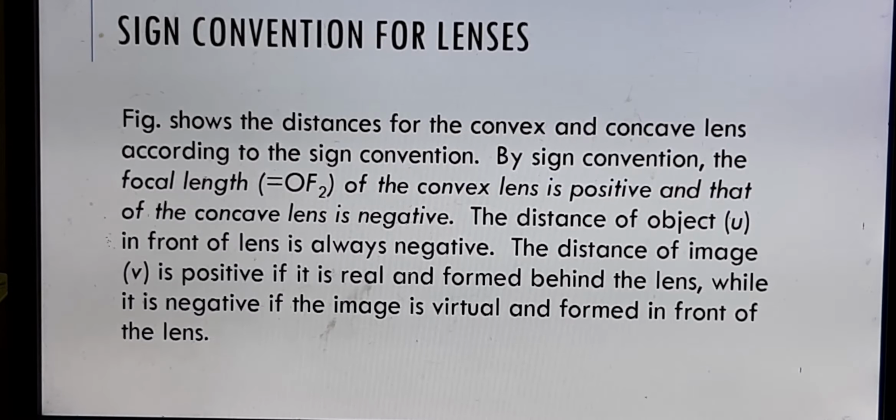And the image distance v is positive if it is real, that is, on the other side of the lens, on the right side, then we take it as positive. But when the image is virtual, it forms on the same side as the object. In that case, v will become negative.